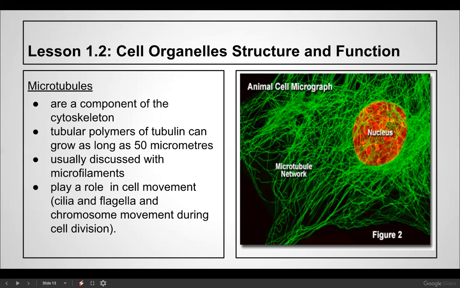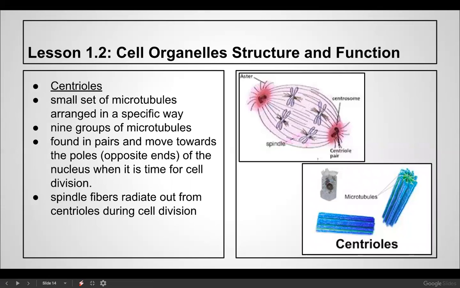Microtubules are a component of the cytoskeleton. Tubular polymers of tubulin can grow as long as 50 micrometers, usually discussed with microfilaments. They play a role in the movement of cilia, flagella, chromosome movement during cell division. Centrioles, again, are these guys up here.